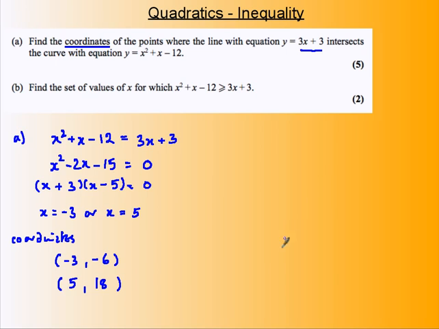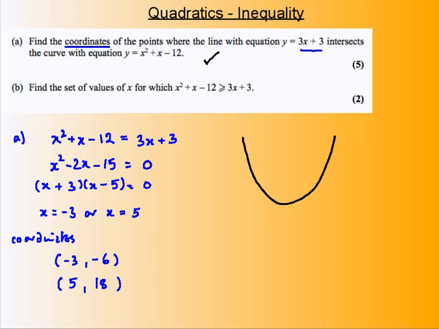And so what we have, and this is where our thoughts of a graph will come in, we've got our points of intersection. Now we're considering one bigger than the other. Consider the graphs of these. Now, x squared plus x minus 12 is a quadratic.